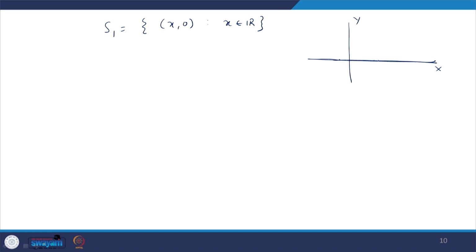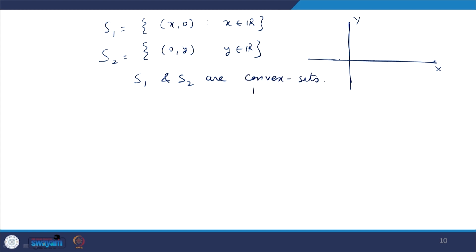You take any two arbitrary points on the set, join them, and the line segment is totally inside the set. You take S2, suppose it is 0 comma y, such that y belongs to R. This is the y axis basically, and is also convex. So, S1, S2 are convex sets in R2.